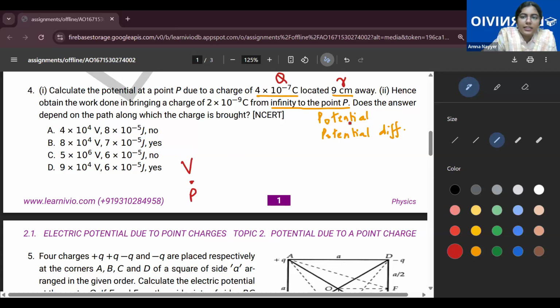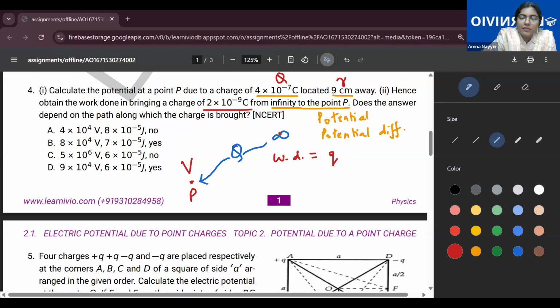Correct? Now it says, hence, the work done in bringing a charge. Now some amount of charge Q is given to you. This is brought from infinity to this point P. You have to calculate the work done. So basically the work done is charge into potential or potential difference.